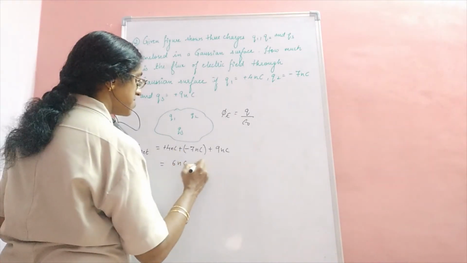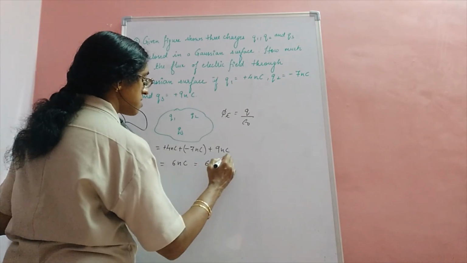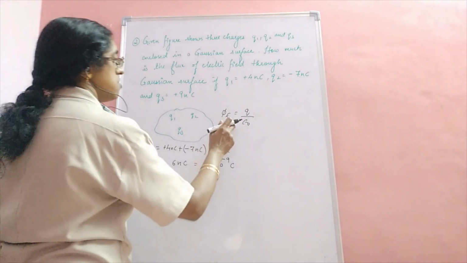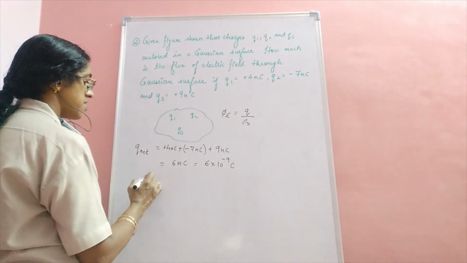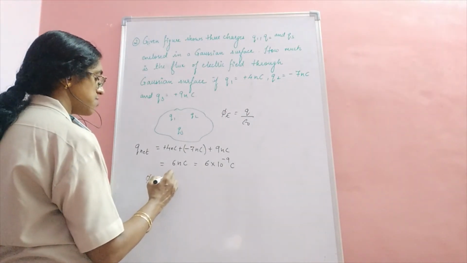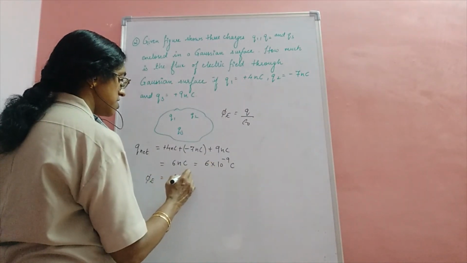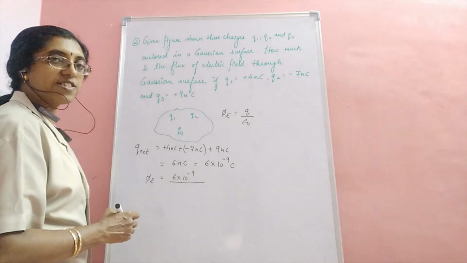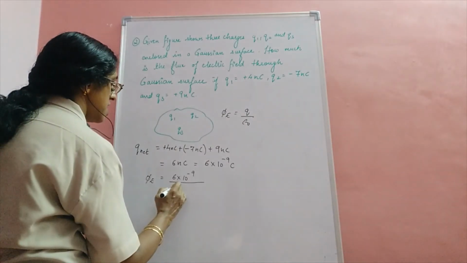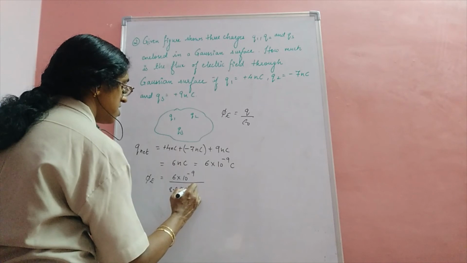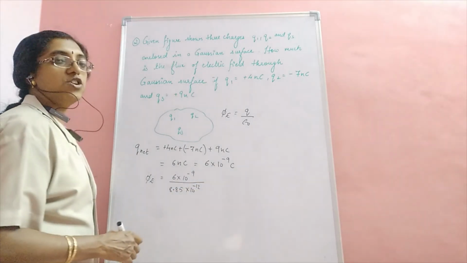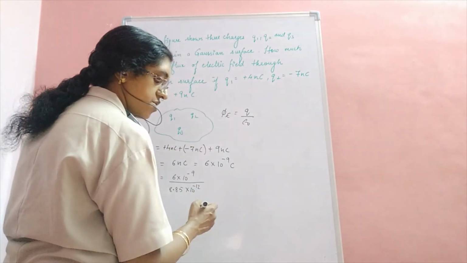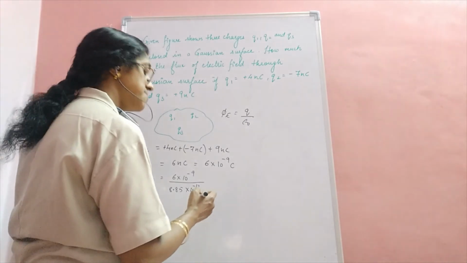Which can be written as 6 into 10 to the power of minus 9 coulomb. Now, we'll substitute it in the formula. Flux phi E is equal to Q, which is 6 into 10 to the power of minus 9, upon epsilon naught's value. You have already studied earlier, it is 8.85 into 10 to the power of minus 12 coulomb square per Newton meter square.